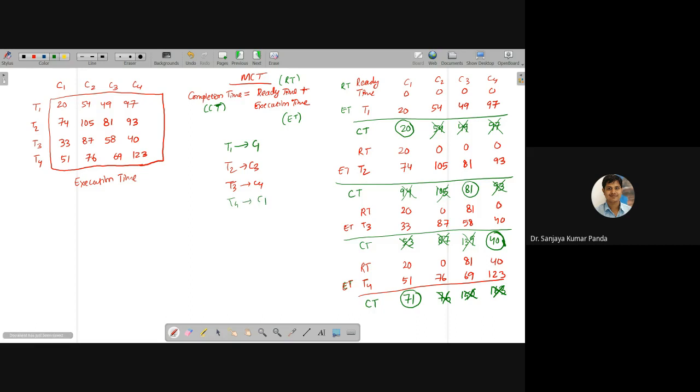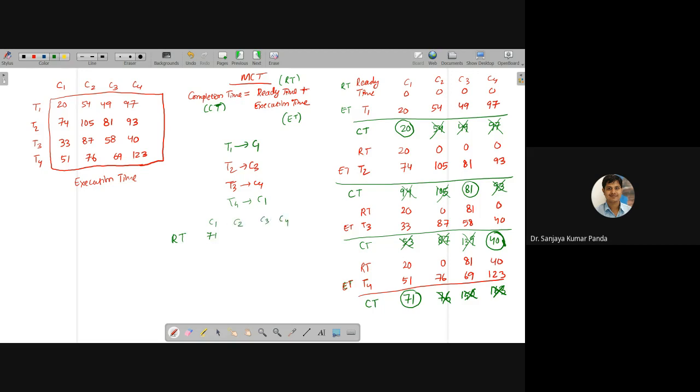So you can see now all 4 tasks are successfully assigned to one of the clouds. What is the overall completion time? Again you calculate the ready time. The ready time of C1 is 71.